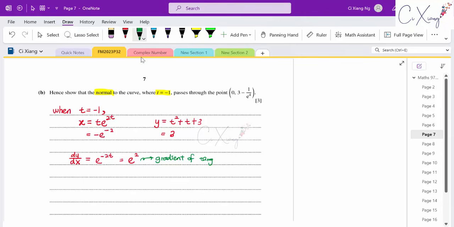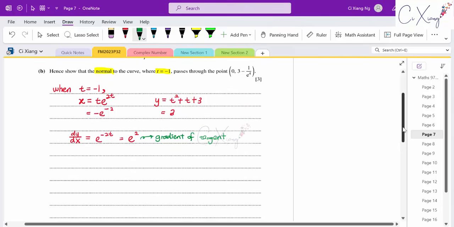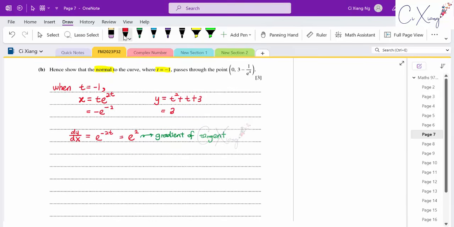Okay, so once we already get all the information needed, I can use all the information here to form the equation of normal. Before I find the equation of normal, I need to know the gradient of normal. Since the normal and tangent are perpendicular to each other, we should remember that the gradient of normal multiplied by the gradient of tangent should equal negative 1.